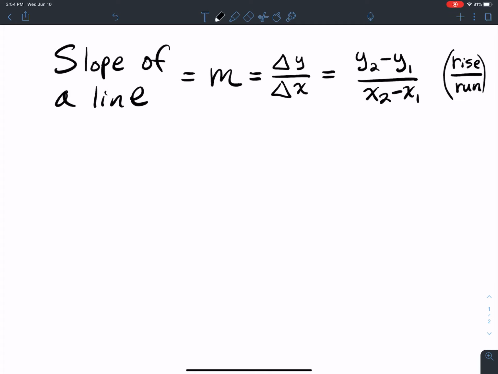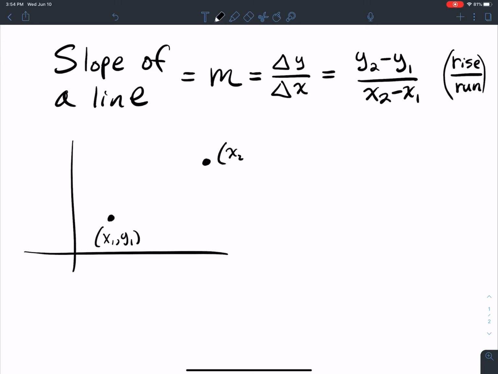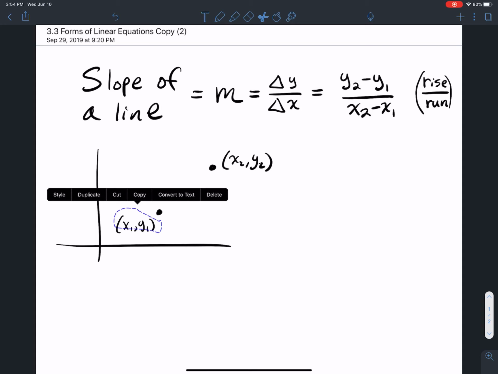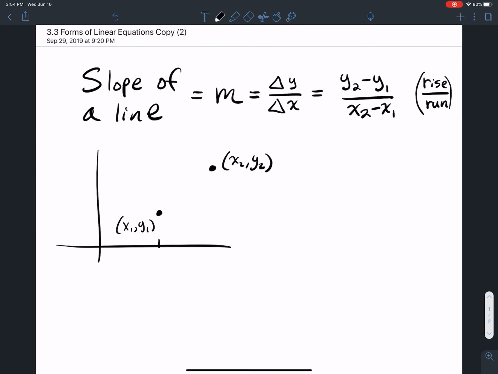So if you're given some point, x1 comma y1, and some other point, x2 comma y2. This point right here, this is x1 over here.